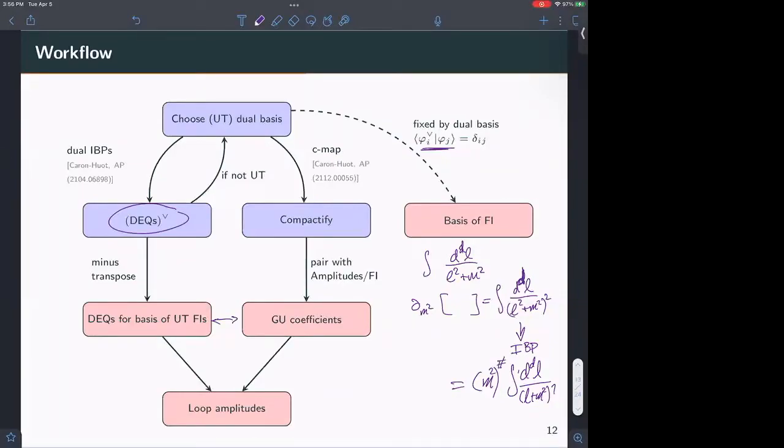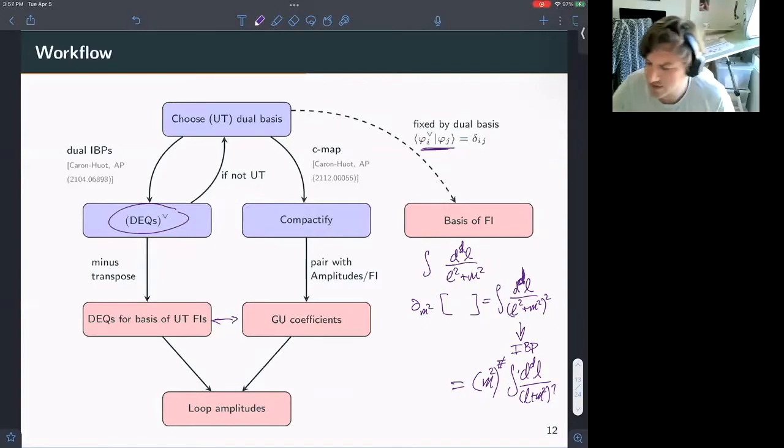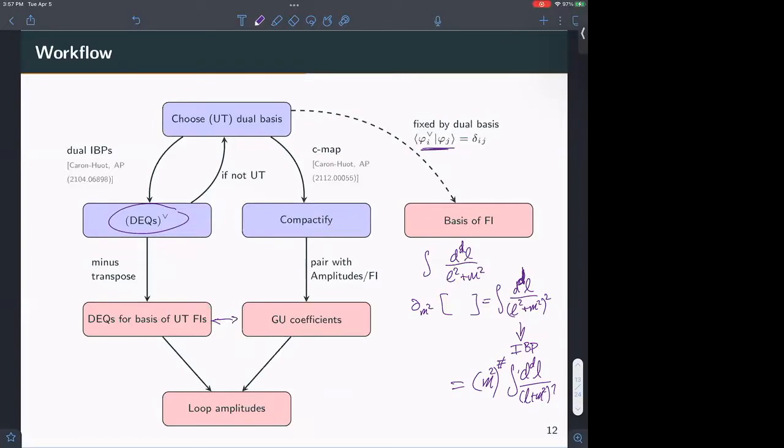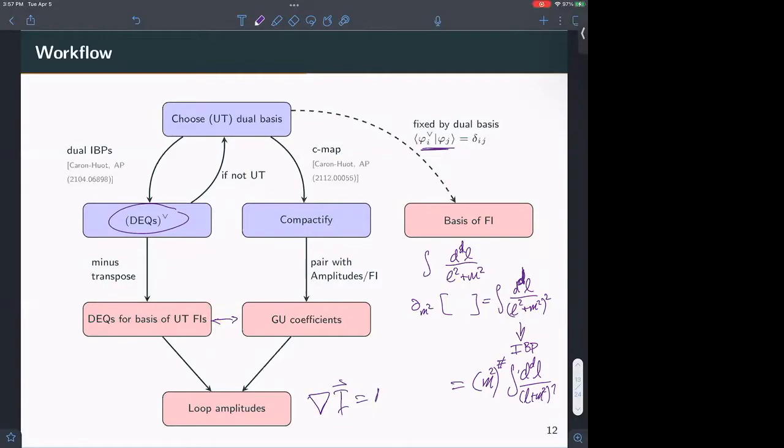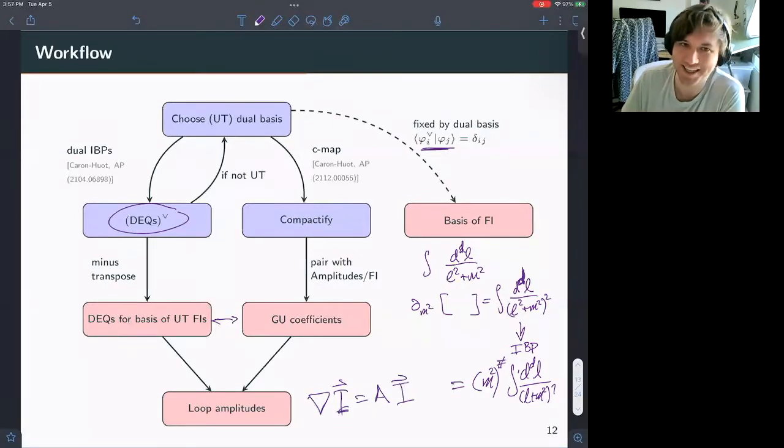So these are just linear homogeneous differential equations? Yeah, it's like a Gauss-Manin system. But the whole point is that if I have some vector of integrals... Gauss-Manin, you mean? Yes, that's what I mean. Sorry, I haven't had to say that out loud very often.